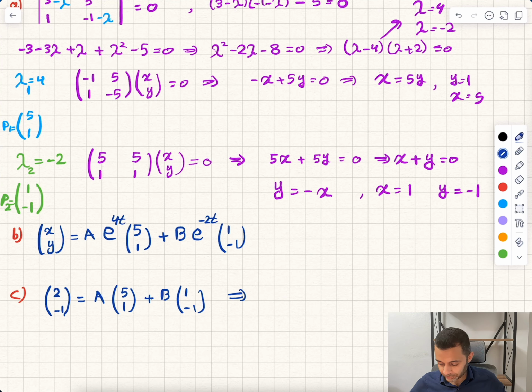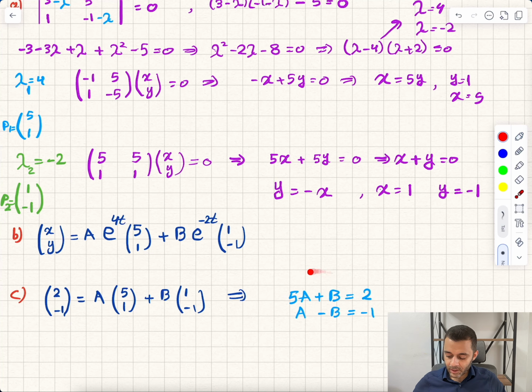That means now, look here, 5 multiplied by a plus b times 1, or b, equals to 2. So we can make the first equation here, 5a plus b equals 2. Then in the same way, we have here a by 1 and here b by negative 1. So 1a minus b equals negative 1.